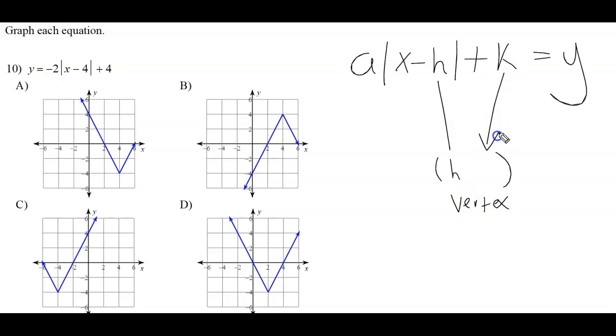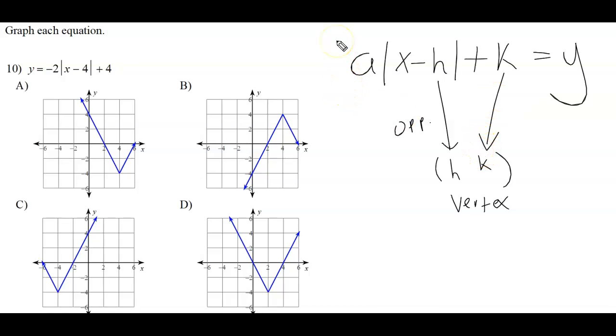And this number here makes the y value. But you have to understand that for the x value, it is going to be the opposite sign. So notice this says negative h, but down here it's a positive h. In the same way, if it was a positive h, you would have a negative down here. That does not happen with the k.